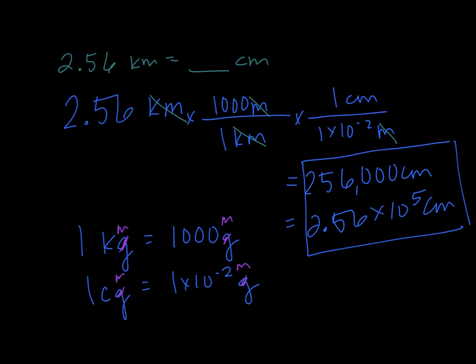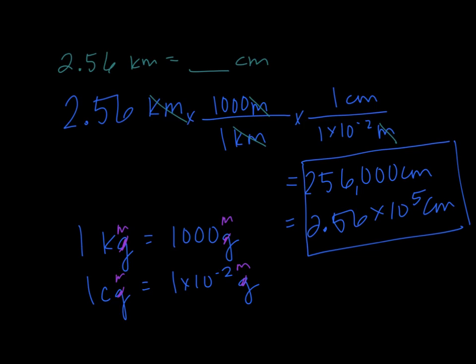All right, so I realized after I did this slide that I didn't mention how to put this into your calculator, and so I really want to go over this one, because we have two different things going on here. So we've got 2.56 being multiplied by 1,000, and then it's being divided by 1 times 10 to the negative 2.